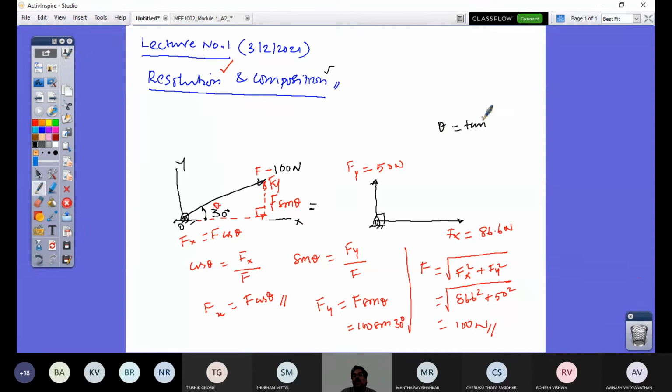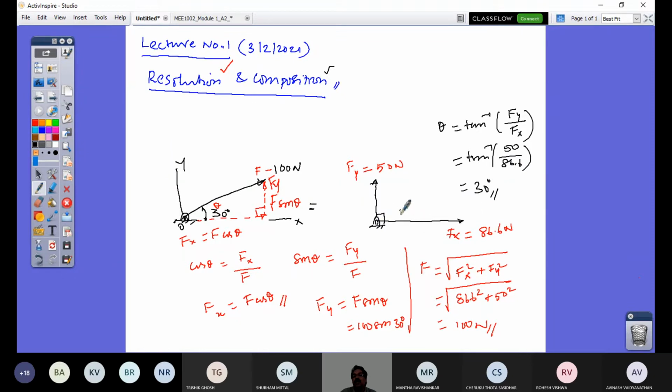That's why it is tan inverse of opposite side Fy by adjacent side Fx. If I substitute these values correspondingly, Fy is 50 and Fx is 86.6, what I get is 30 degrees. So I get back my direction.